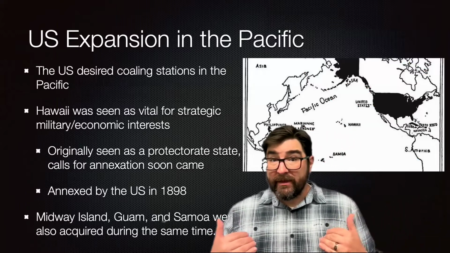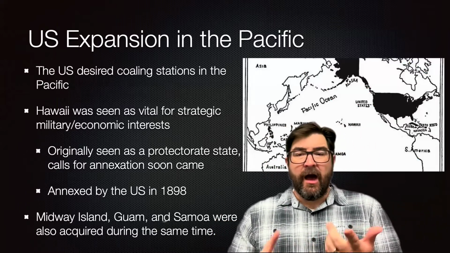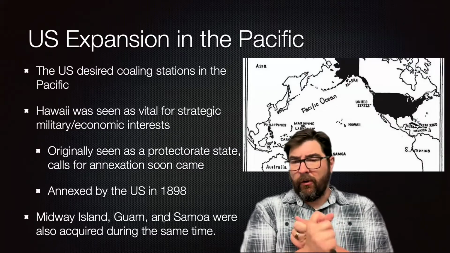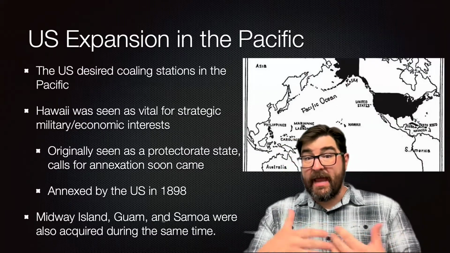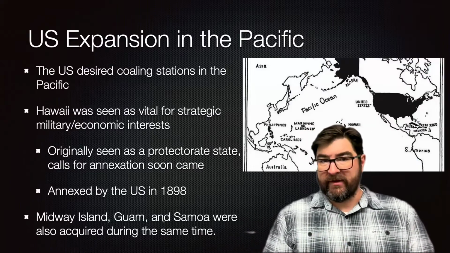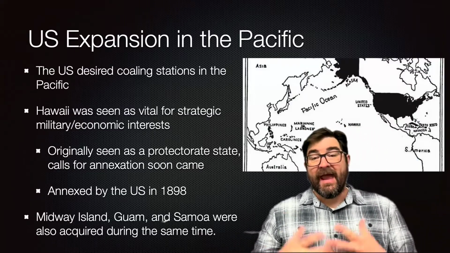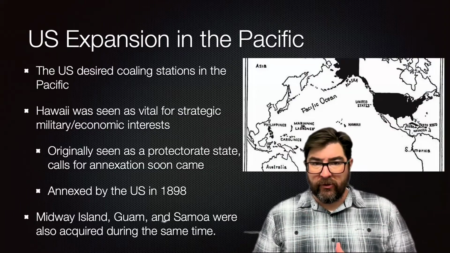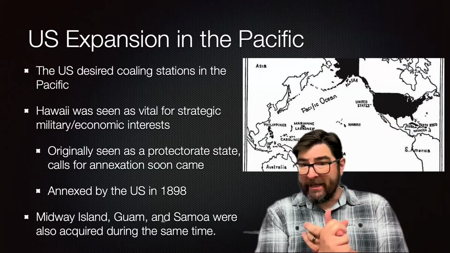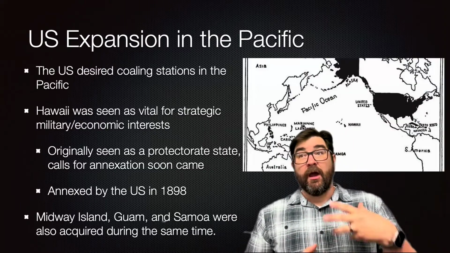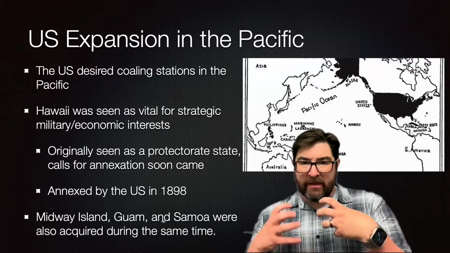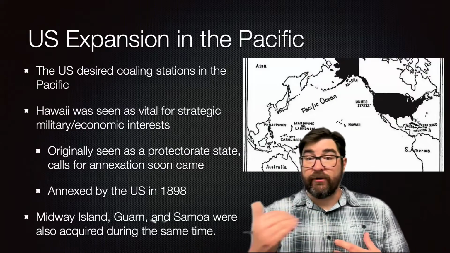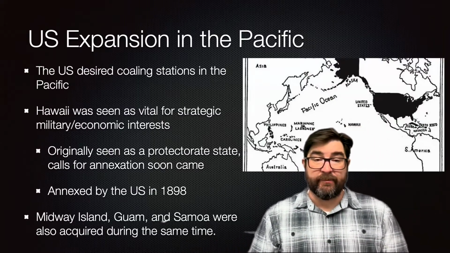The United States will be looking to expand in the Pacific, largely for the need for coaling stations. Remember, this is the era of steamships taking over sail-driven ships, wind-driven ships, and those steamships need to refuel. So locations like Hawaii in the middle of the Pacific Ocean are going to be strategic military and economic holdings so ships can refuel as they're making their way across the Pacific.